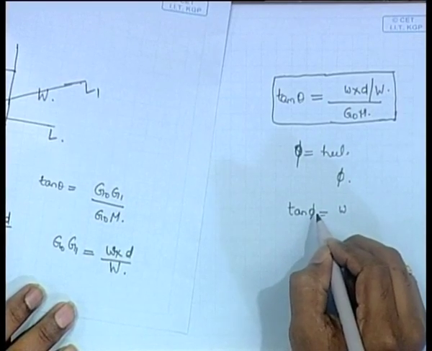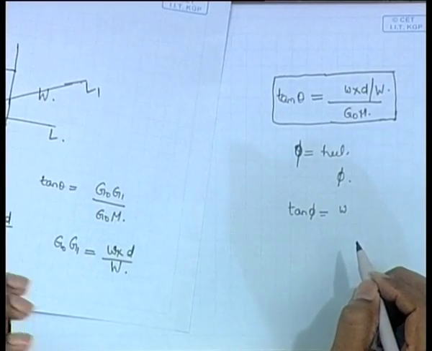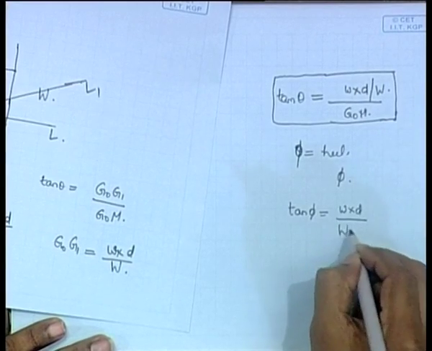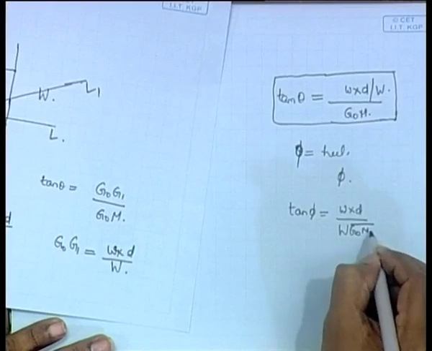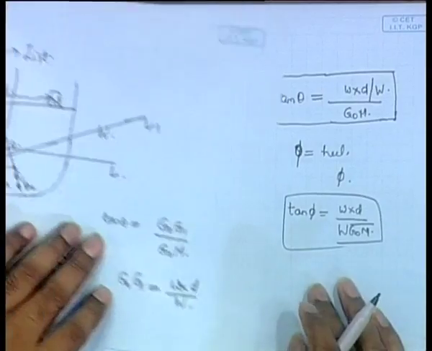From this you can get the angle of heel, because if a body is shifted from one point to another on the ship, and you know the distance through which it is shifted and the weight of that body, you can find the angle through which the whole ship will heel because of this shift. So, w into d is given by this. The only thing you need to know is GM of the ship.